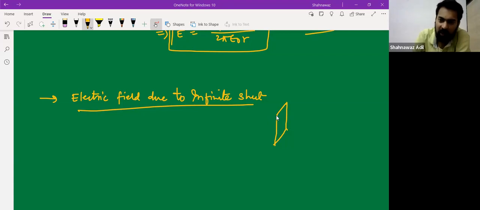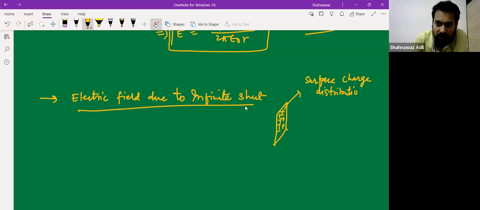So we will take this sheet, which has some surface charge distribution. And the electric field will be what? I am directly writing the result, and you try to figure out why this is the case.